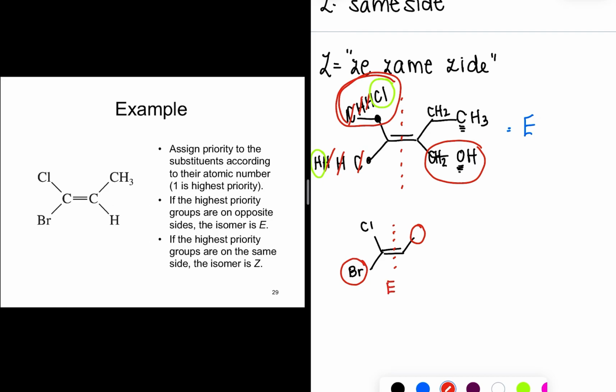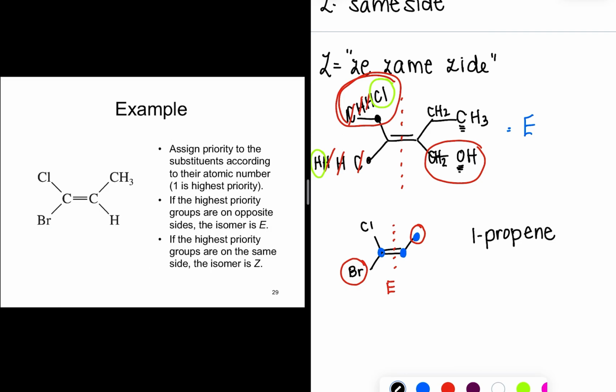But let me name it. I need to name it as an alkene. That's carbon number 1, carbon number 2, carbon number 3. This is a propene, 1-propene. And then also at carbon number 1, I have a 1-chloro and a 1-bromo.